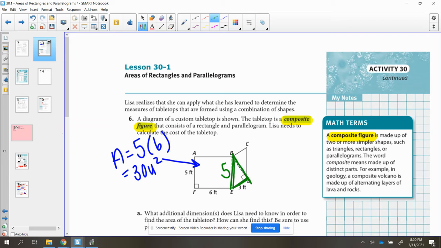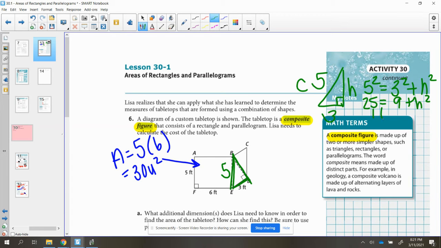And notice we have a right triangle occurring here with a base of 3, a hypotenuse of 5, and we can find this missing height using Pythagorean theorem, so that we are finally able to calculate the area of the parallelogram. So remember Pythagorean theorem, our c this time, our hypotenuse, is 5, which is going to equal 3 squared plus the height squared. 25 minus 9 is going to give us our h squared.